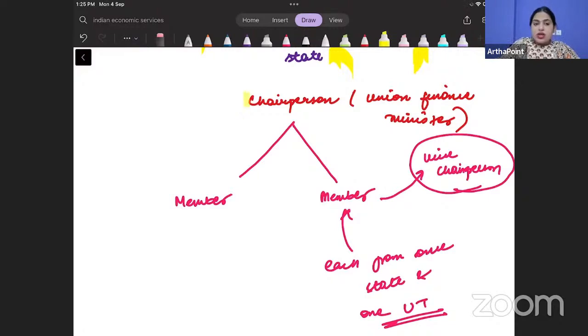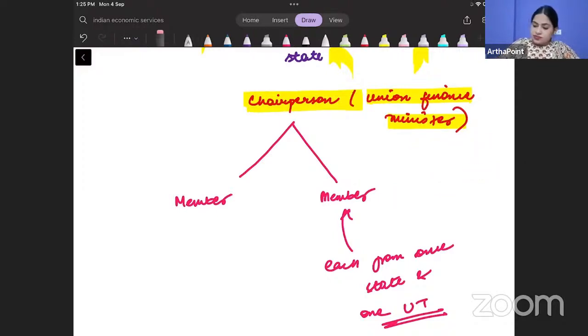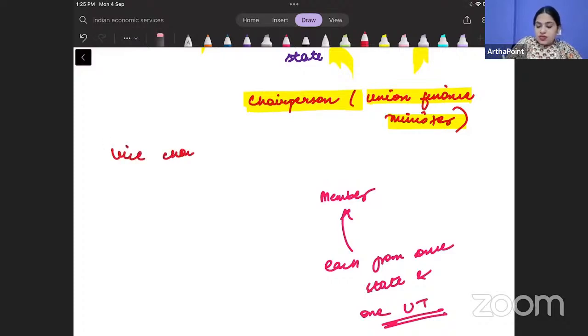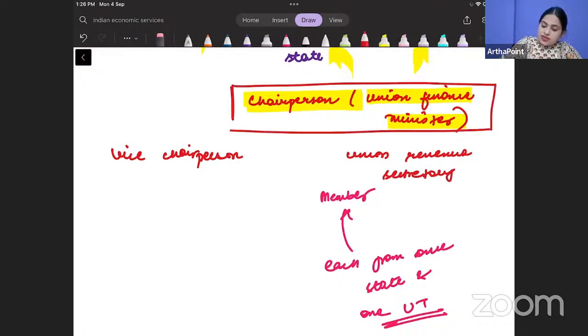Okay. So just remember this. You have the chairperson who is the union finance minister. Union finance minister के साथ you will have a vice chairperson, है ना? Let me just put vice chairperson here so that it is easy to remember. And you have the union revenue secretary. This is level 1, सबसे top पे.